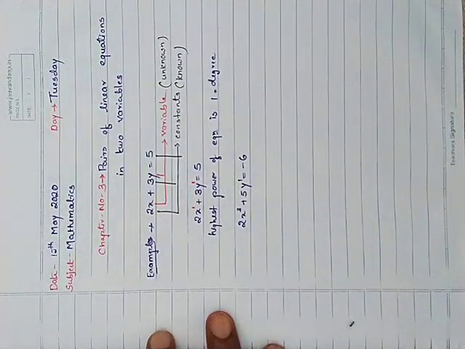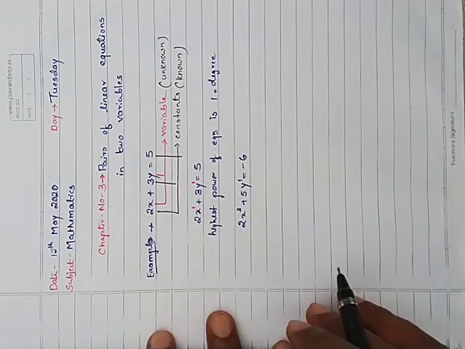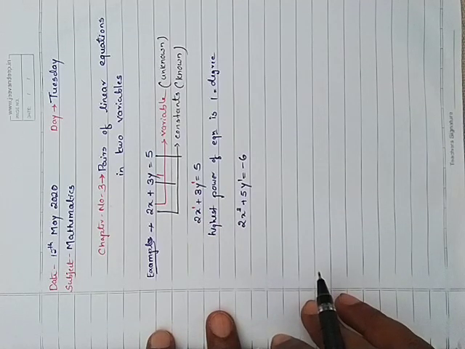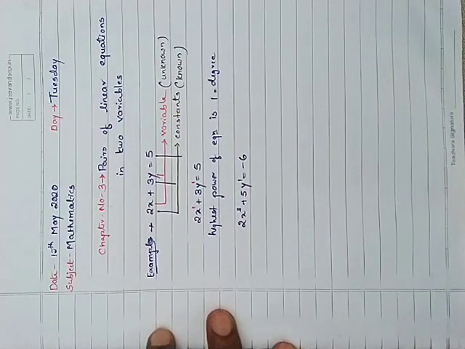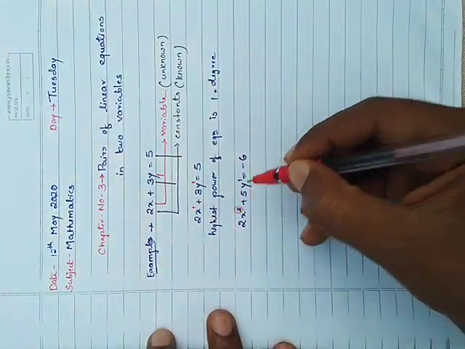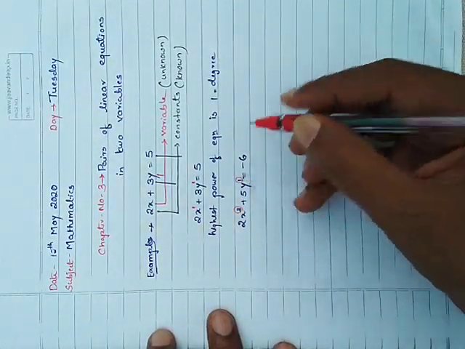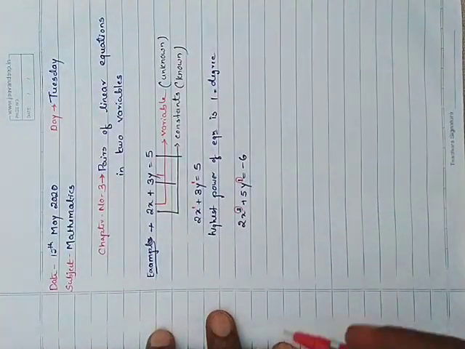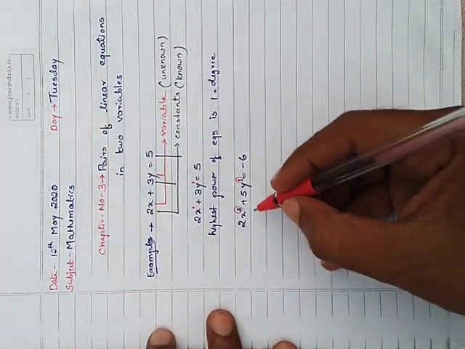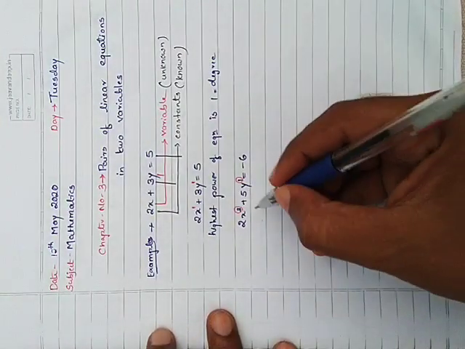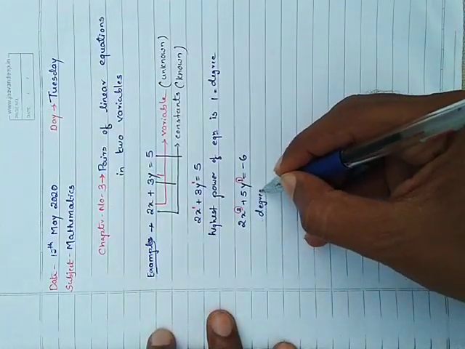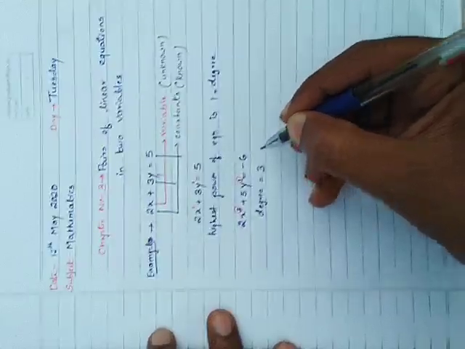Can anyone give me the highest power in this one of any one of the variable? Here we can highlight it. X has the highest power 3 and y has the highest power 1. So which one is a bigger one? 3 is a bigger one. So here degree of this equation is equals to 3.